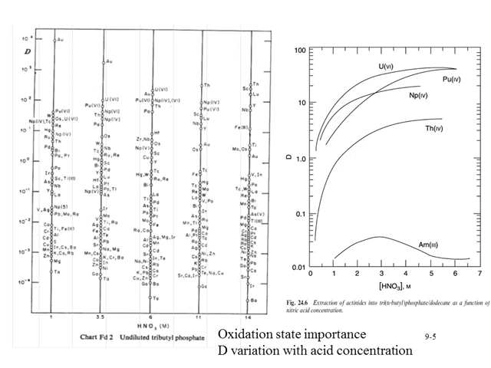And examples of some distribution coefficients are shown here. The data here is shown for undiluted tributyl phosphate as an extractant, as an organic phase, with nitric acid as the aqueous phase. And then we have some other data that we can compare against, which is diluted tributyl phosphate, 20% tributyl phosphate in dodecane as a function of nitric acid concentration.